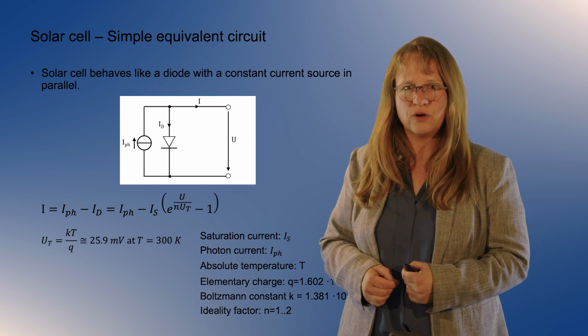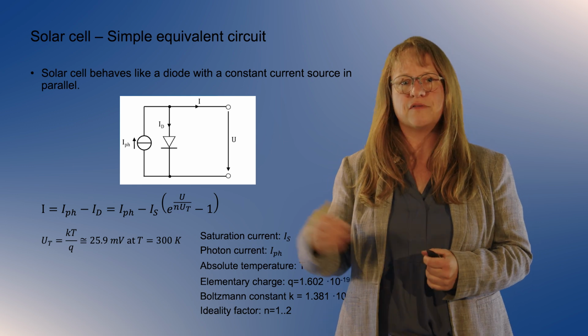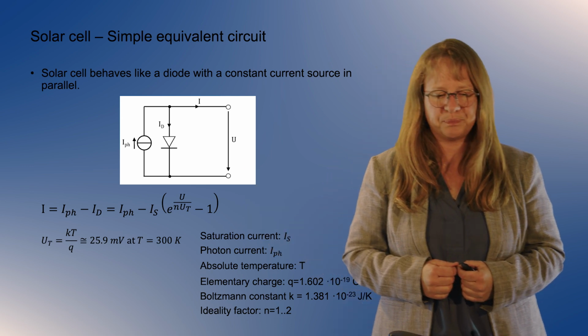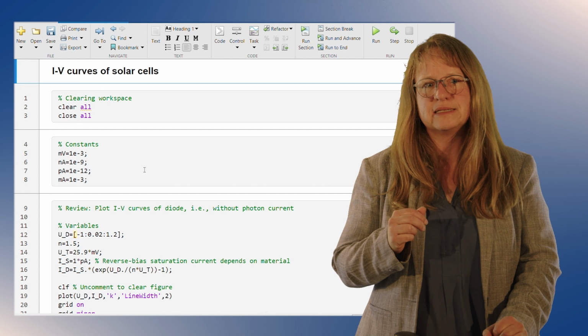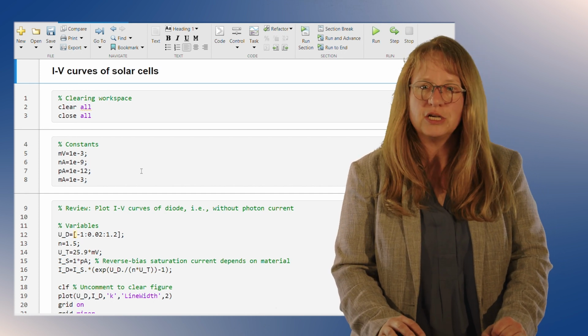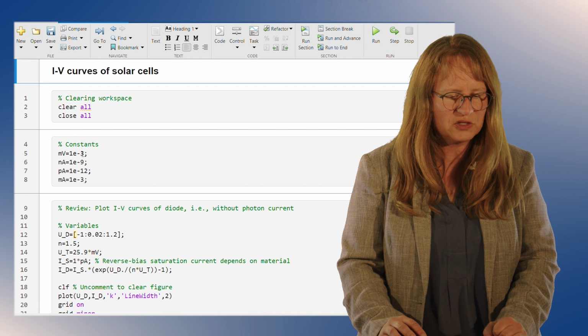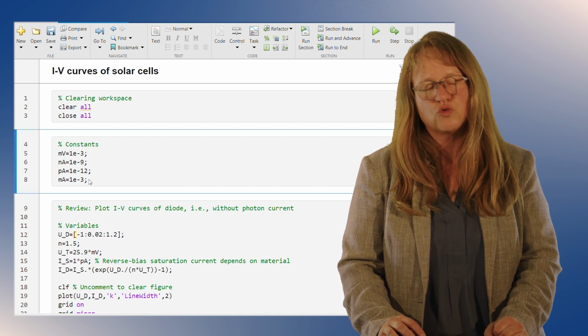Now let's look in MATLAB at what the IV curves, the current-voltage characteristics, look like for such a simple diode solar cell. We start with some definitions in the script just to make the script more readable.